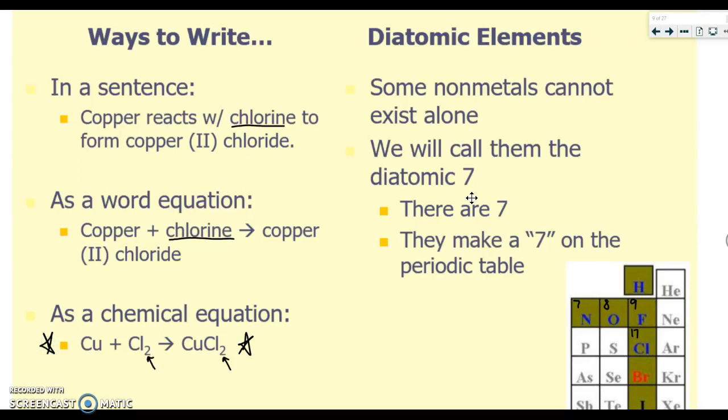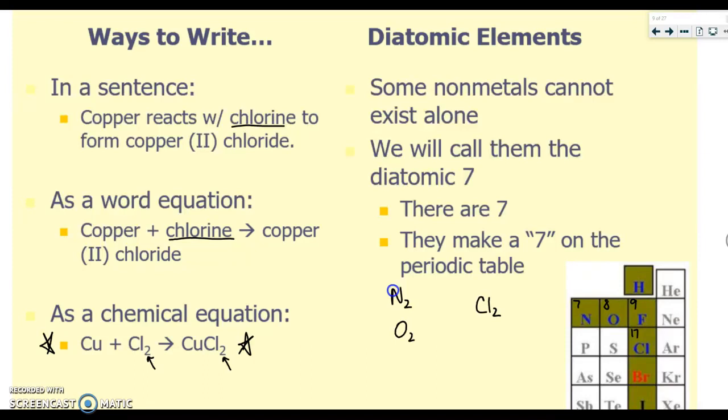So what this means is that on the periodic table, if it's an element by itself, so if it just says nitrogen, it's N2. If it just says oxygen, it's O2. In the example, it said chlorine, which meant Cl2. Only when these elements are alone do they get a 2, because they're unstable without a partner.